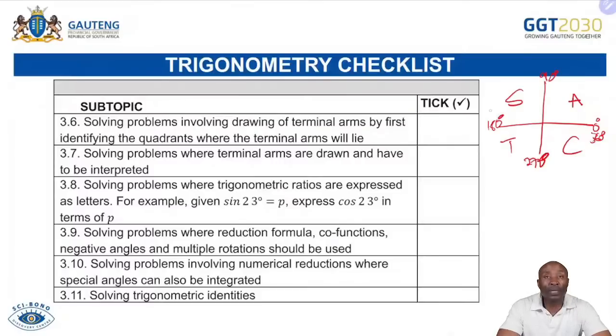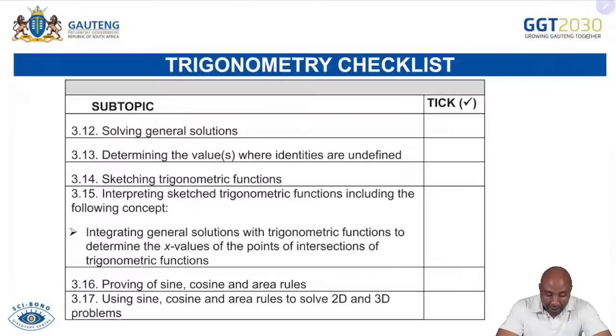We solve trigonometric identities. We should also solve problems that involve general solutions. We determine values where identities are undefined. We sketch trigonometric functions. We interpret sketched trigonometric functions.